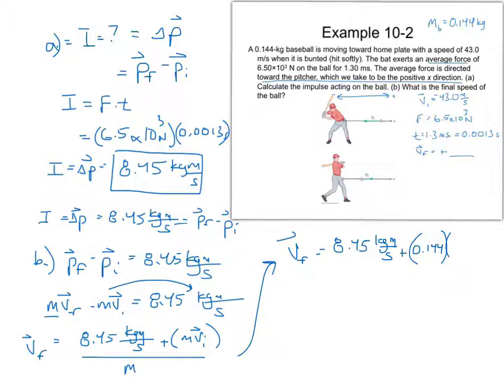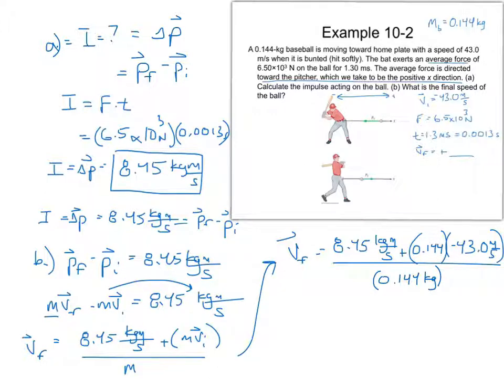Our initial velocity is a negative velocity, right? So it's negative 43.0 meters per second. This is kilograms right there, okay? All that divided by 0.144 kilograms.